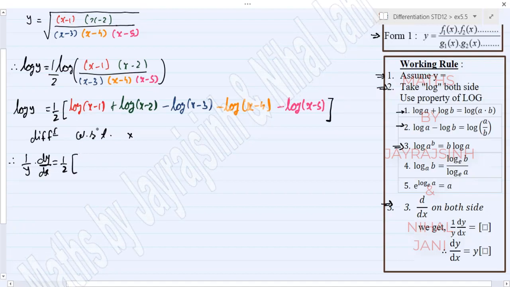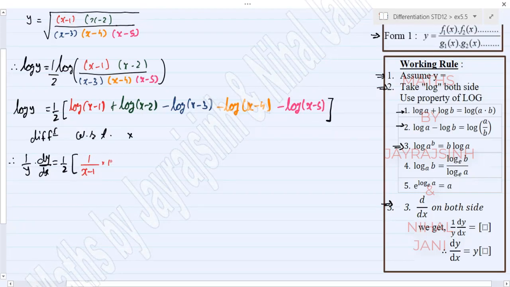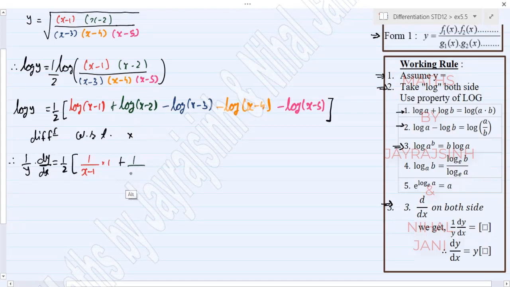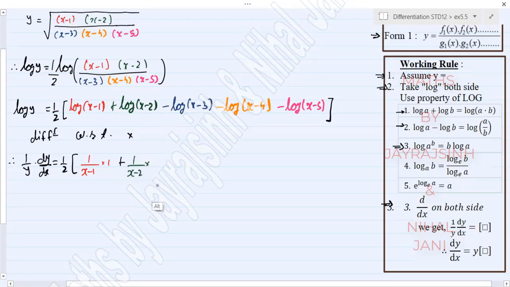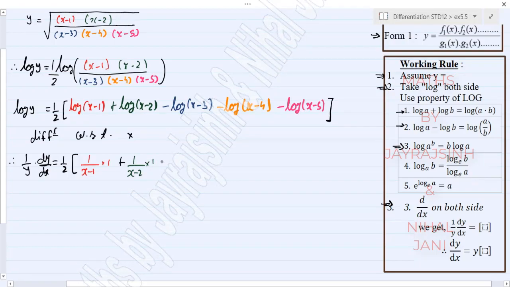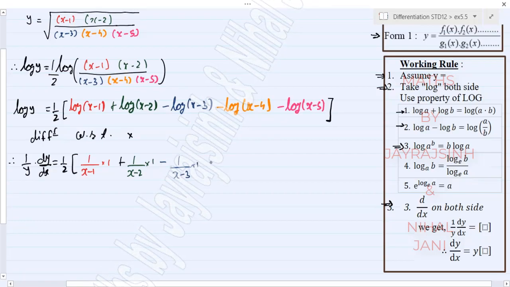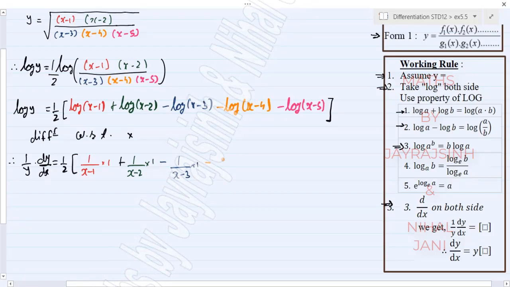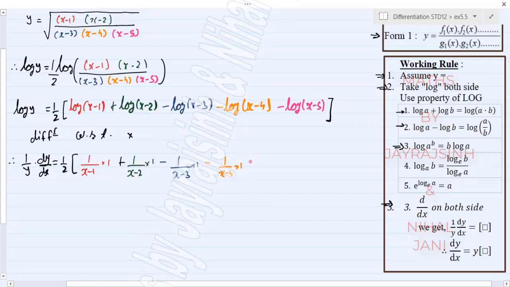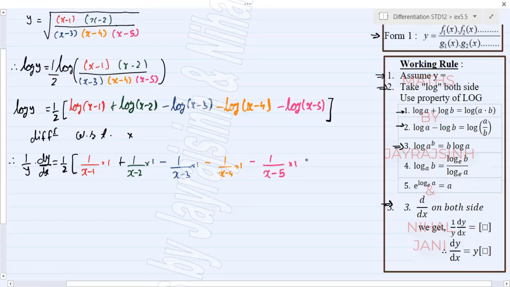Differentiation of log x minus 1 will be 1 upon x minus 1 into differentiation of x minus 1, which is 1, plus differentiation of log x minus 2 will be 1 upon x minus 2 into 1, then minus differentiation of log x minus 3 will be 1 upon x minus 3 into 1, and similarly differentiation of log x minus 4 will be 1 upon x minus 4 into 1, and finally differentiation of log x minus 5 will be 1 upon x minus 5 into 1.